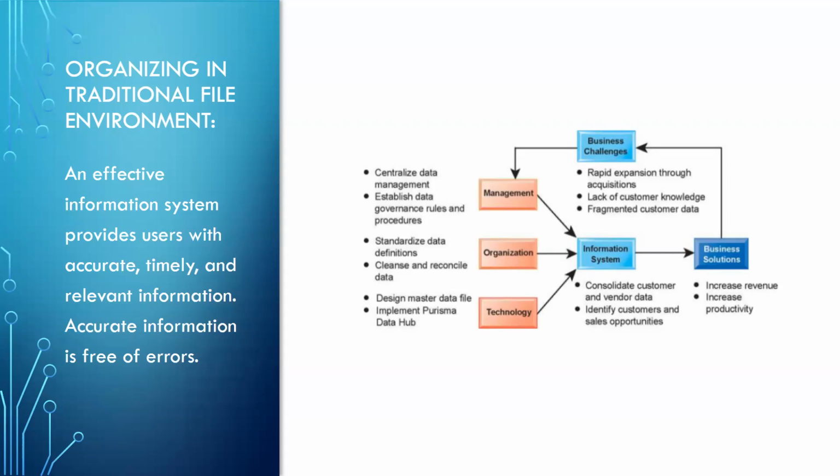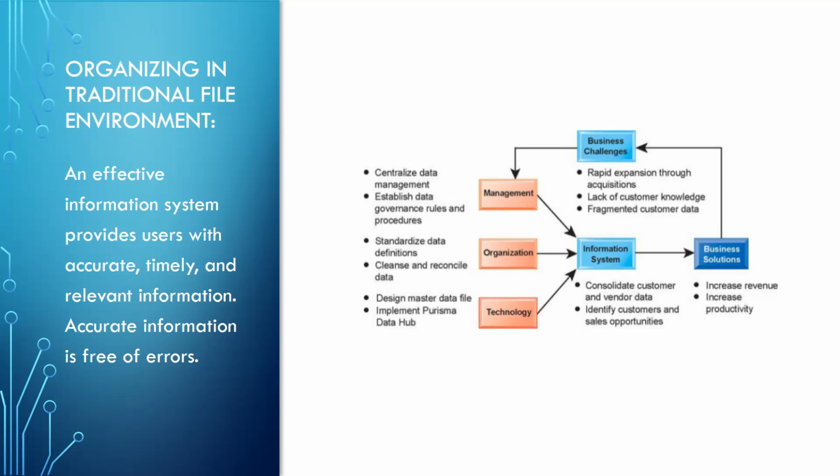So, to address these business challenges, the business should have three elements, which are the management, where it can centralize the data, establish data governance rules and procedures; the organization, where we can standardize the data definitions, cleanse and reconcile data; and third is the technology, where it can design master data file, implement Purissima Data Hub.